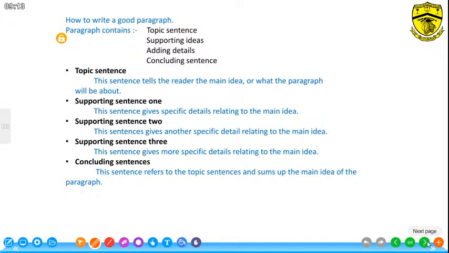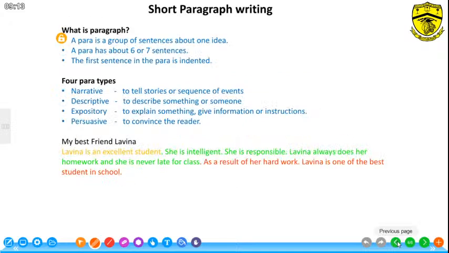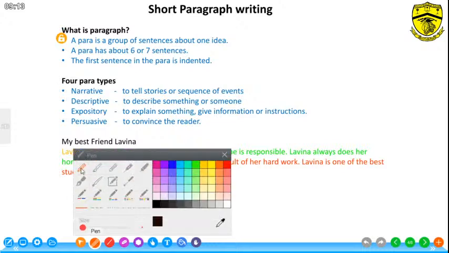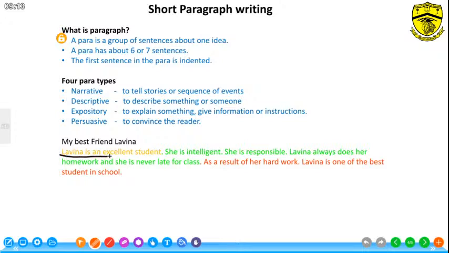A paragraph contains a topic sentence. So in this paragraph, this is the topic sentence: Lavina is an excellent student.